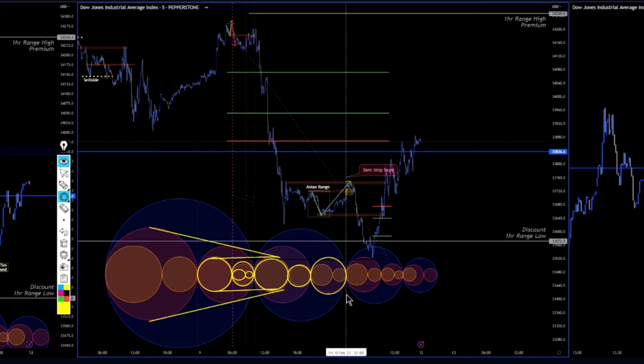Okay, so this circle here, the manipulation is all of this here, and this larger circle here is the equivalent to this. So this is the accumulation, this is the manipulation, and this is distribution, which is this long bit going down. Now, it's fractals inside fractals. So we have this distribution here, which is setting up price for the next leg down, if that makes sense.